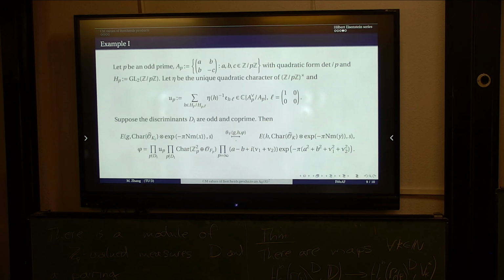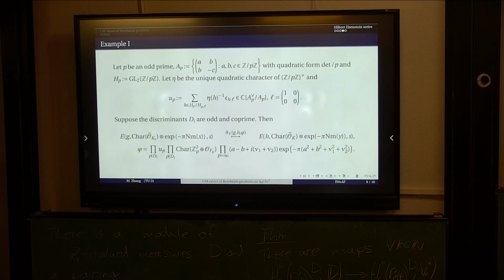Let p be an odd prime and Ap be Fp cube with quadratic form determinant over p and Hp be GL2(Fp). So let eta be the unique quadratic character on Fp cross, and define the vector up to be the average of e_L under the action of H twisted by the quadratic character chi. So here L is the isotropic vector (1, 0, 0).